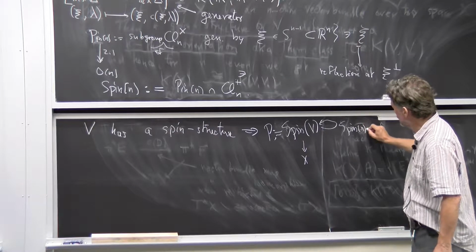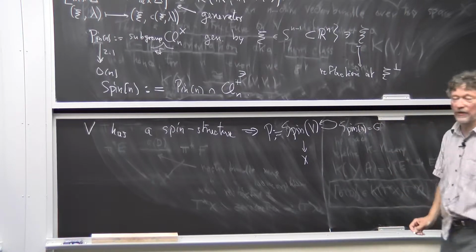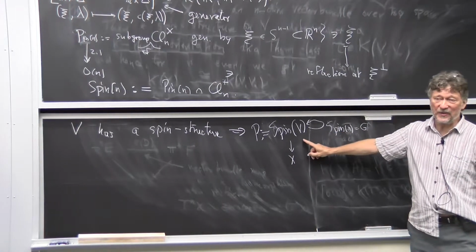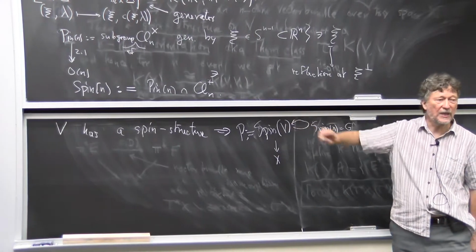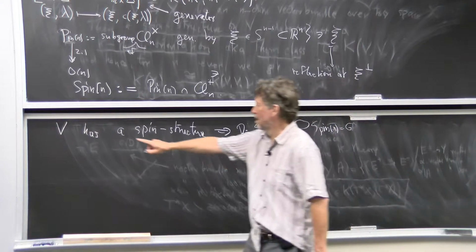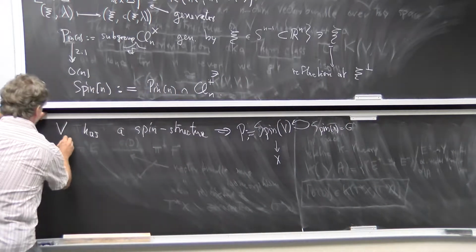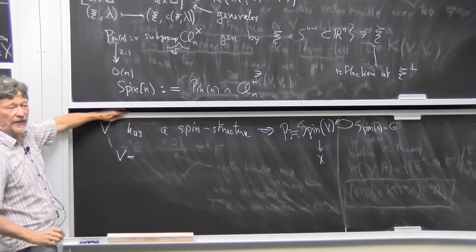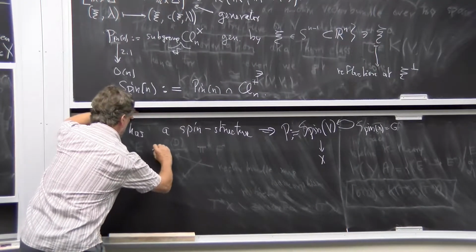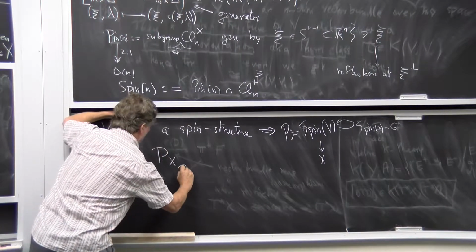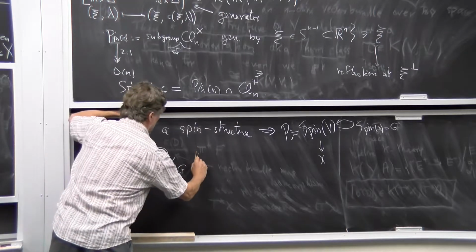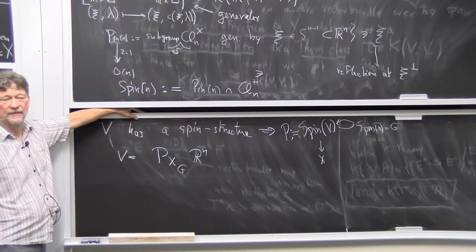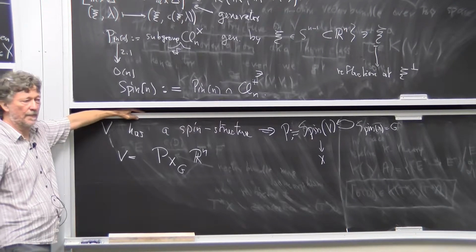And spin n is a long word, so let me abbreviate that with G. Now, if I have this principal bundle, how can I recover V? Well, I can recover V as an associated vector bundle. I take this principal bundle P, and then I take the action of spin n on Rn. That way I can recover V.